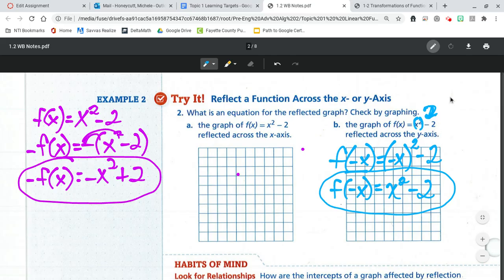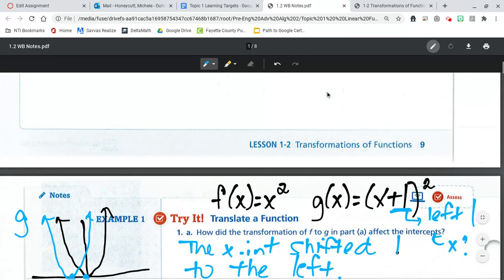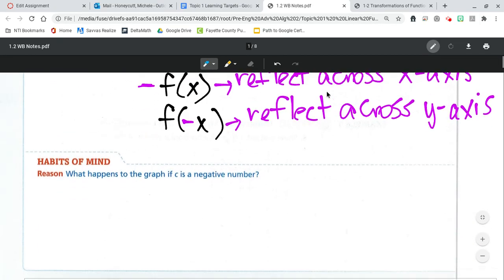Oh yeah, do you guys remember that x squared minus 2, that's shifted down 2. If I reflect this across the y, it's just going to reflect on top of itself. So it's going to be the exact same function. All right, I've got one more transformation for you guys. And so we'll go back up and we're going to add that into our notes in this bottom part.